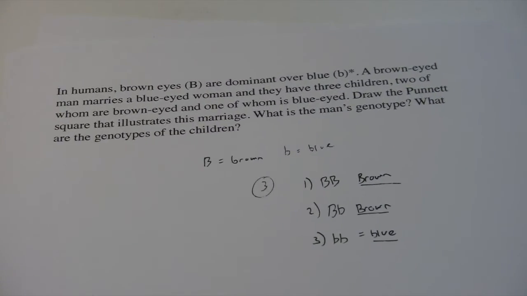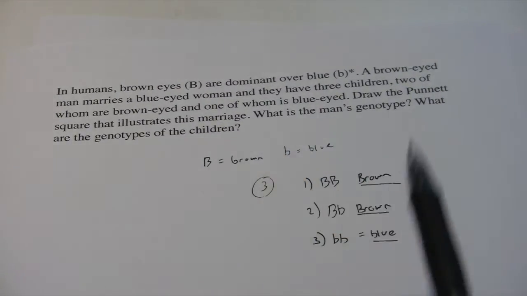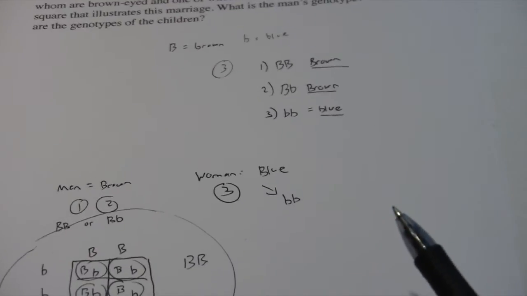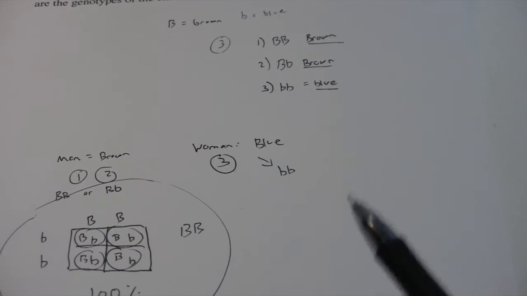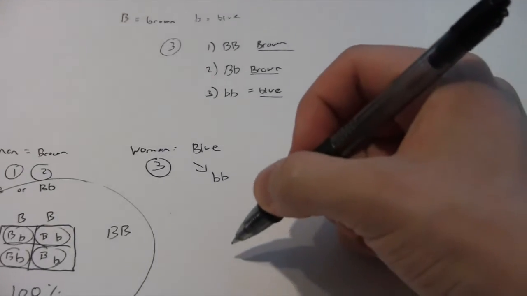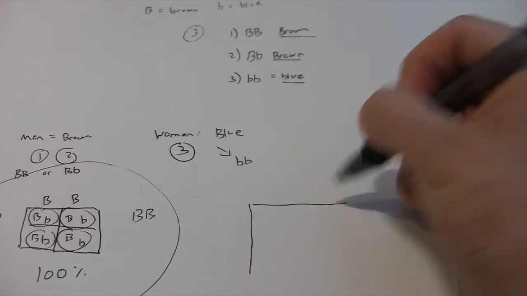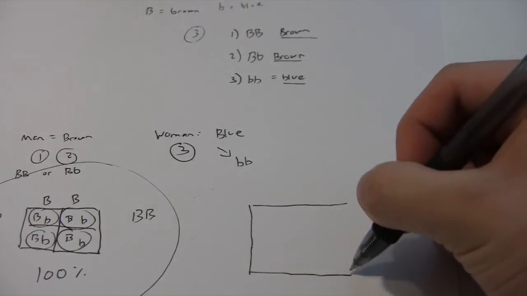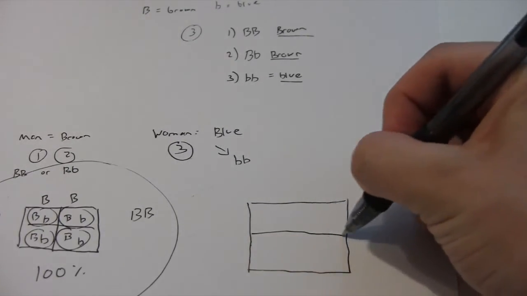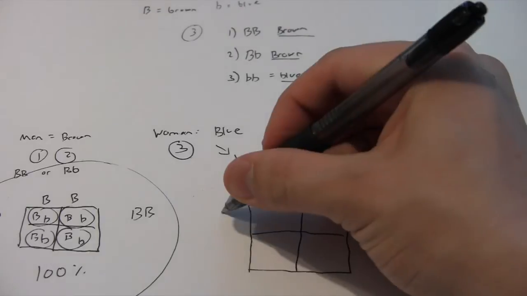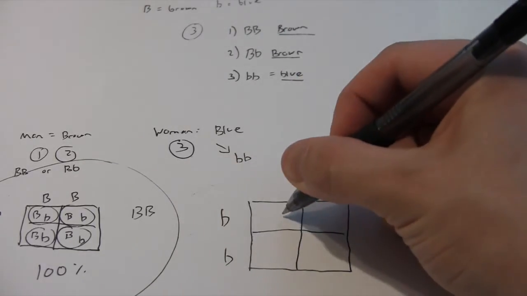And we know that that can't be the case, because the problem clearly says that one of the children is blue-eyed. So what does that mean? It means let's try the second option for this family's genetic history and create our second Punnett square. Put the mother's genotype, which we know for a fact, on the side.